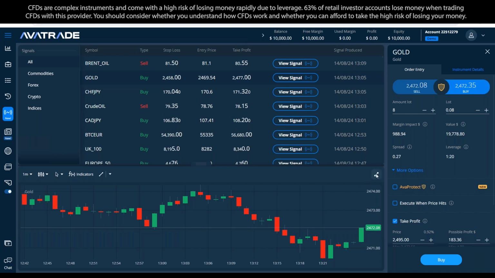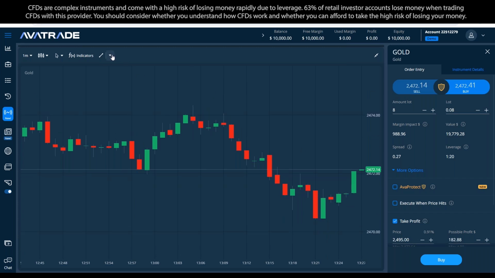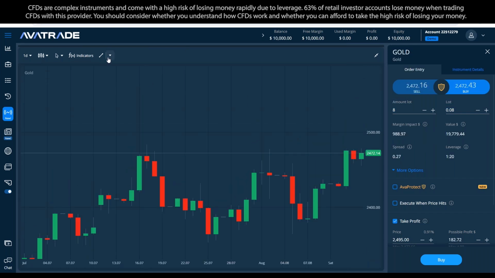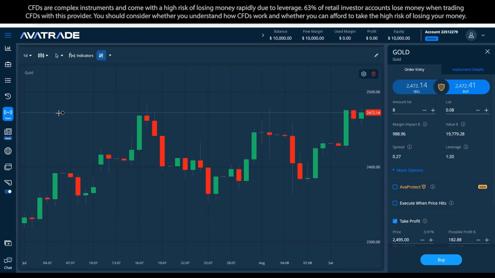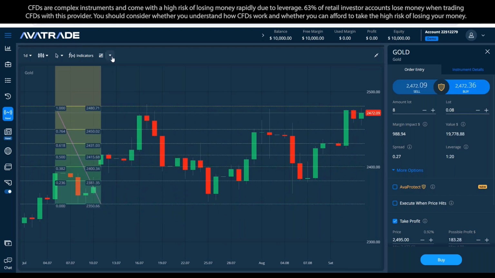Now, when I'm looking at the market and I have some technical analysis, let's suppose I have found some very interesting levels in my analysis, but I'm not entirely sure what's causing the market to move this way.